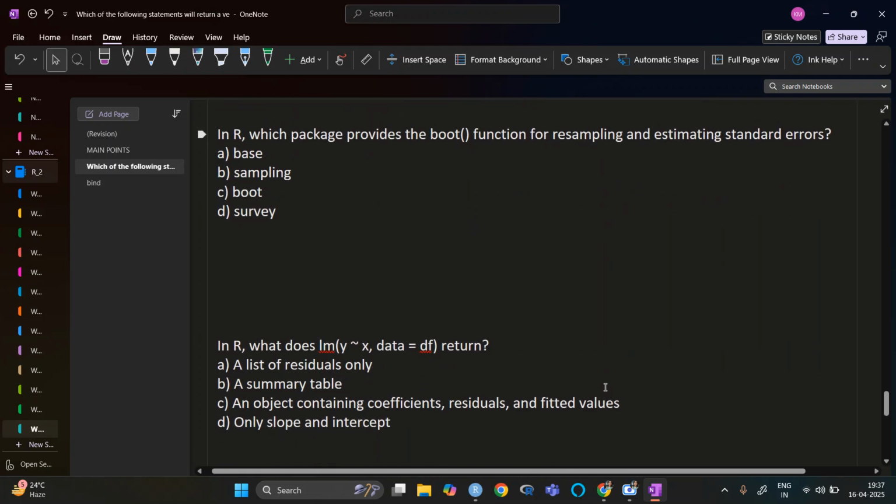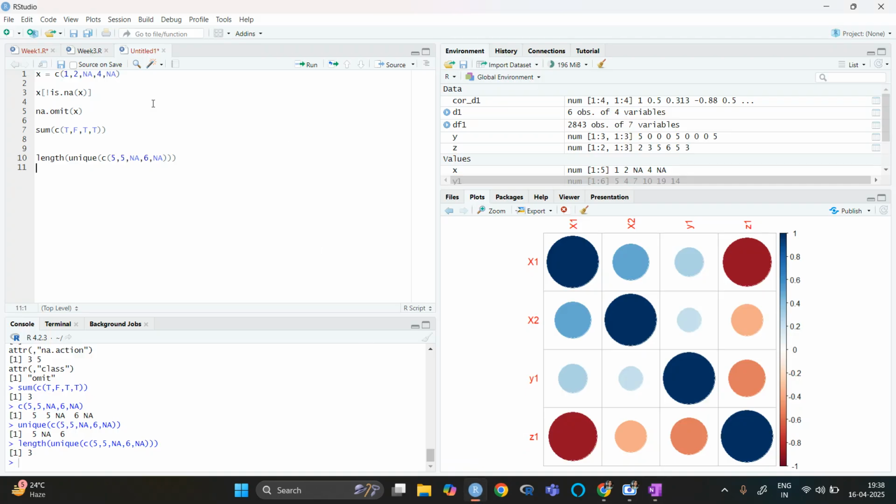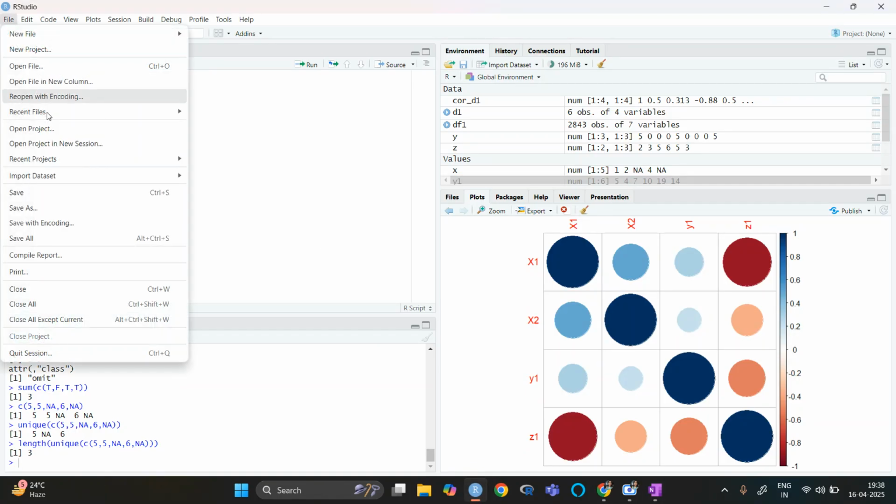Which package provides a good function for this? The function was in sampling or survey. Survey, I think it was meant. I think we just use the boot package, but let me see.